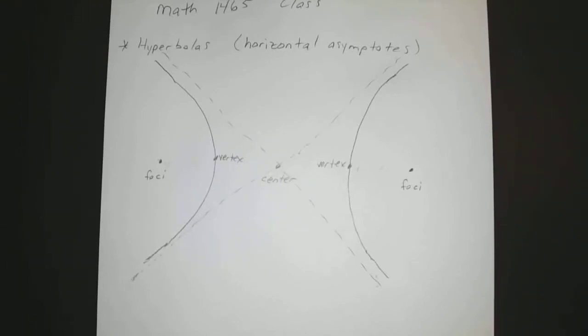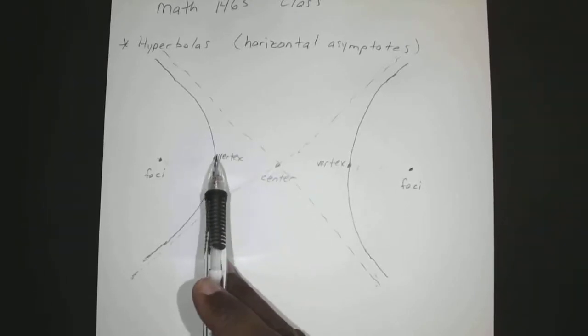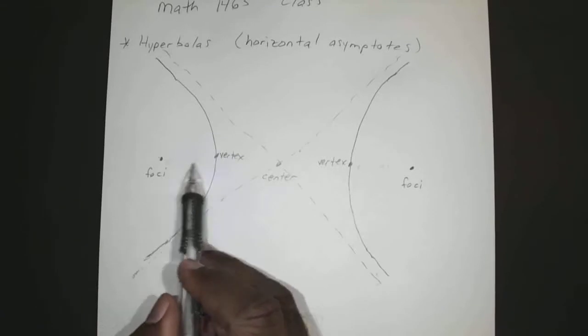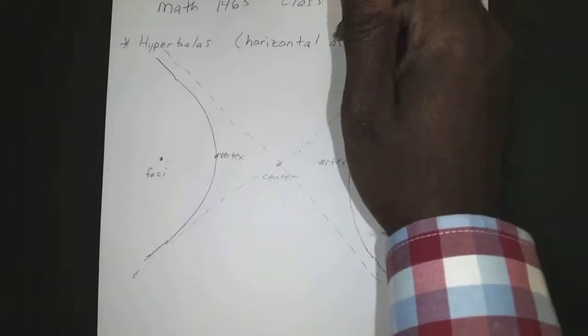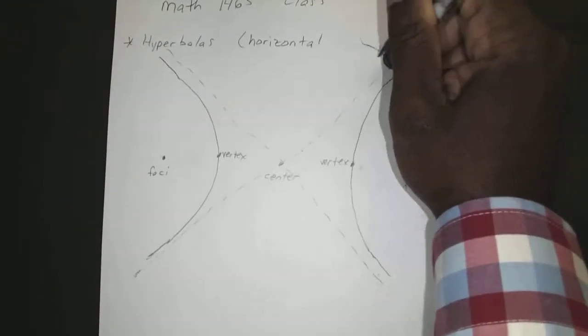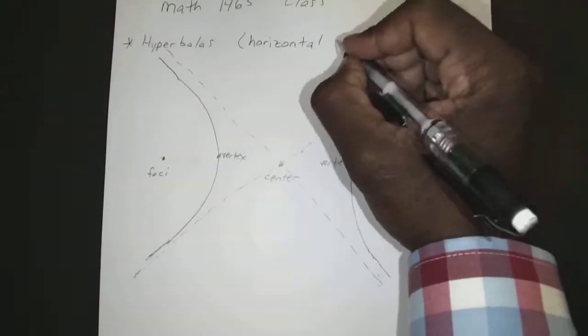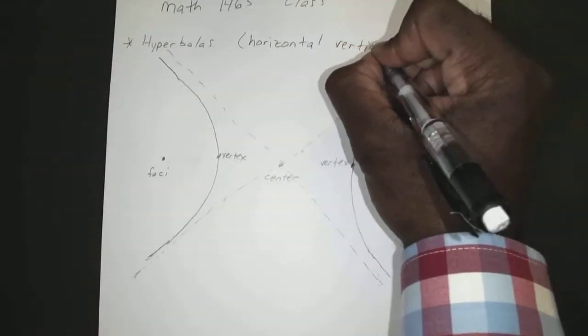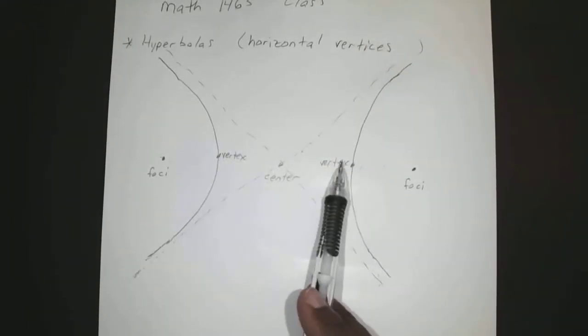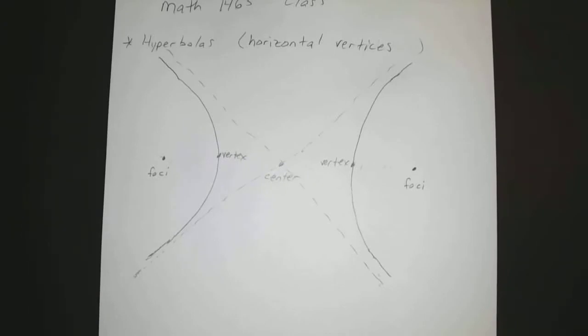Okay. So whenever you have the two vertices, I guess that would be a better explanation of it, horizontal vertices. Whenever your vertices are horizontal, you have a horizontal hyperbola.